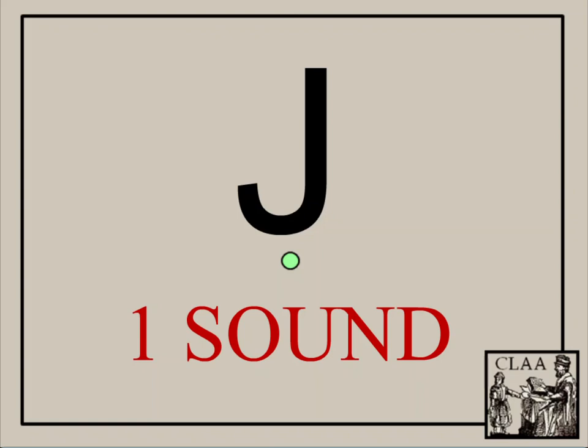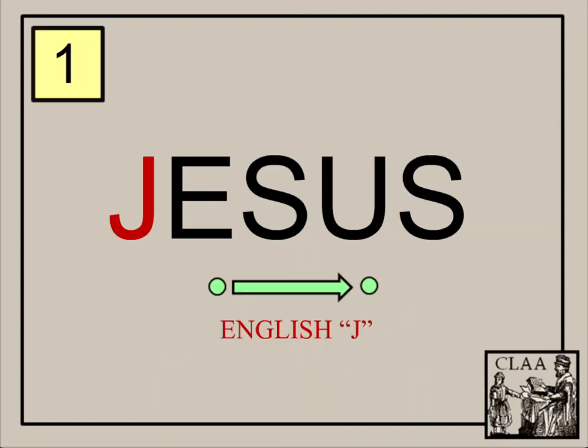This is the letter J. The English letter J makes one sound, and we call that sound the English J. The sound of the English J is J, J, J. Let's read this word, which begins with the English consonant J. Jesus, Jesus, Jesus.